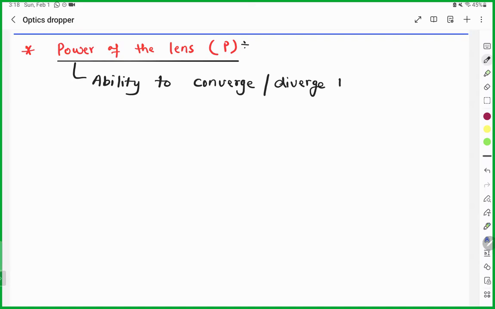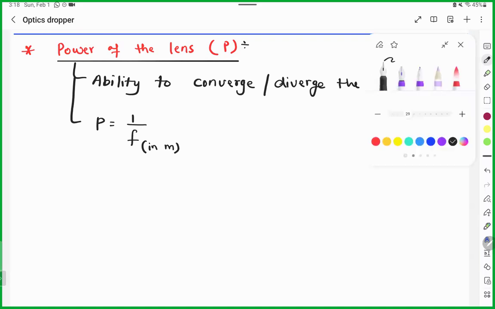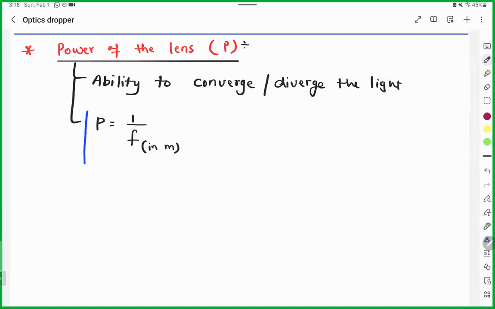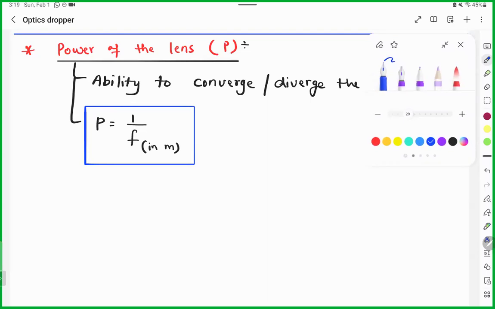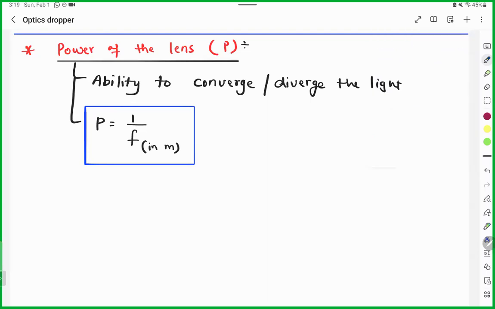It means your power P will be equal to 1 by f, focal length in meters. And the unit in this case will be diopter.